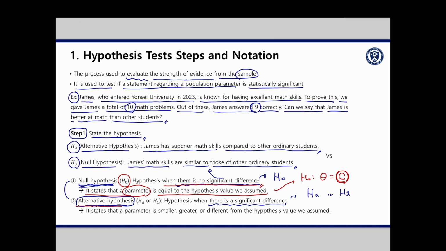The alternative hypothesis means that there is a significant difference. So it states that the parameter is smaller than, greater than, or different from the hypothesized value we assume. That is, the alternative is either less than, greater than, or not equal.